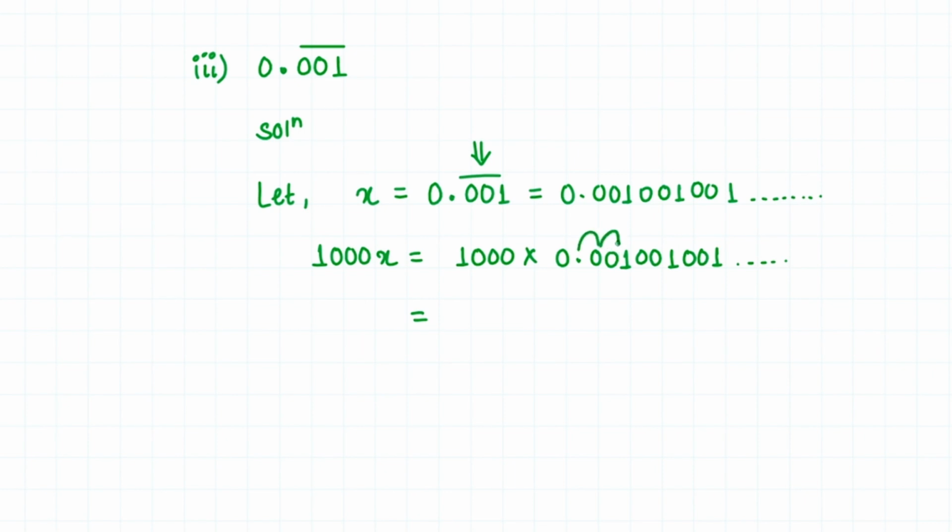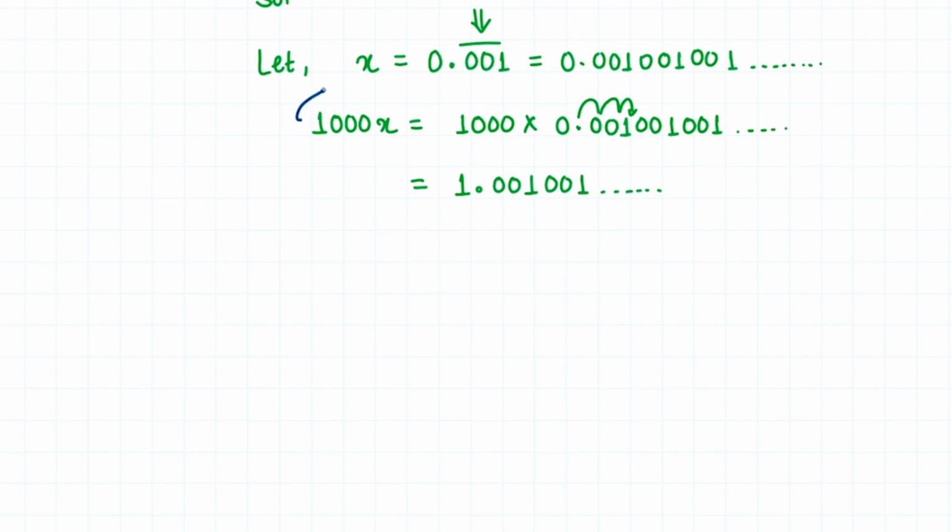So 1 time, 2 times, and 3 times. So it's going to get behind this 1. And we are going to get our answer as 1.001001... So our 1000x is 1.001001, and our x is 0.001001, okay?